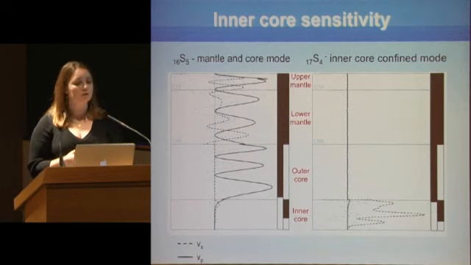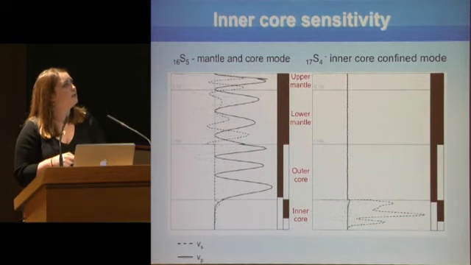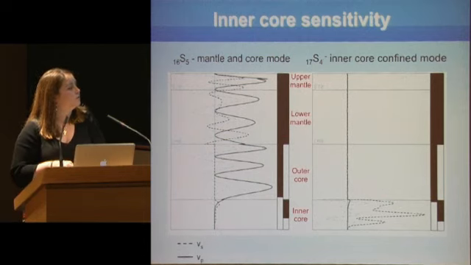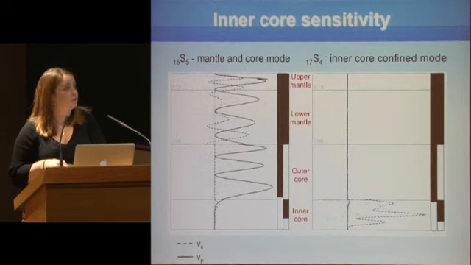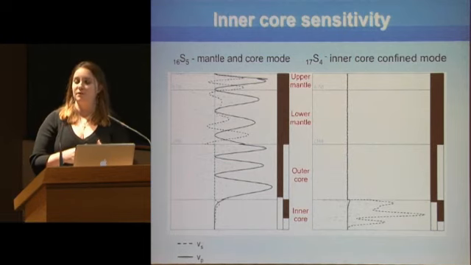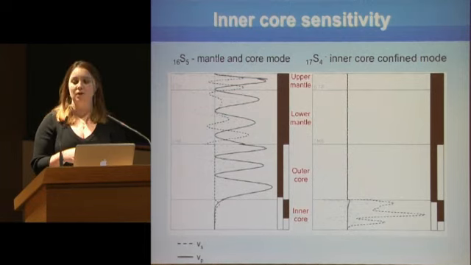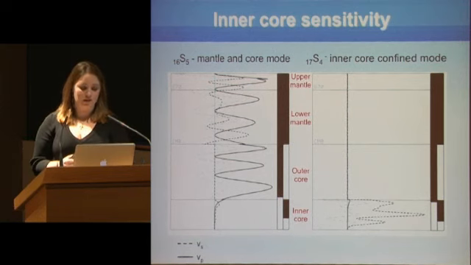So we look at the cross-coupled splitting function of these two modes, 16s5 and 17s4. 16s5 is sensitive to velocity and density right throughout the Earth, but 17s4 is only sensitive to inner core structure. That means that if these two modes cross-couple, if they resonate, it has to be caused by structure in the inner core. Structure in other parts of the Earth will not allow these modes to interact.